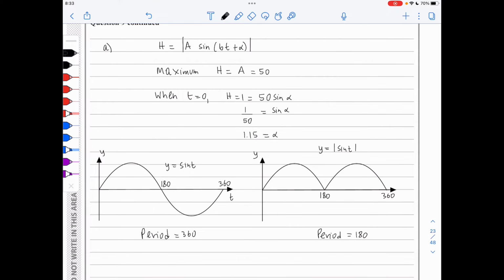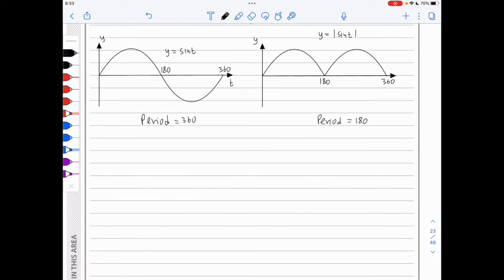So we need to consider now how the B here is affecting the period. So at the moment, we know that the graph of sine t is repeating every 180 degrees, and the graph of sine of bt is a stretch along the horizontal scale factor of 1 over b, which means that we multiply the t values by 1 over b. So it will have a period of 180 over b.